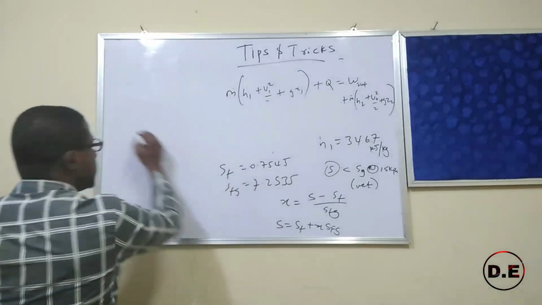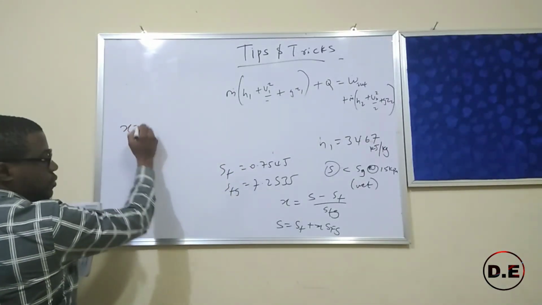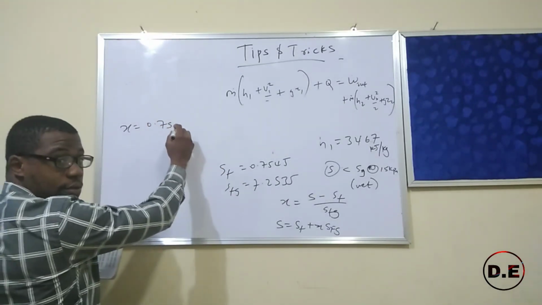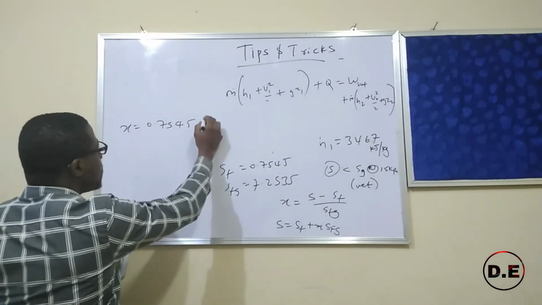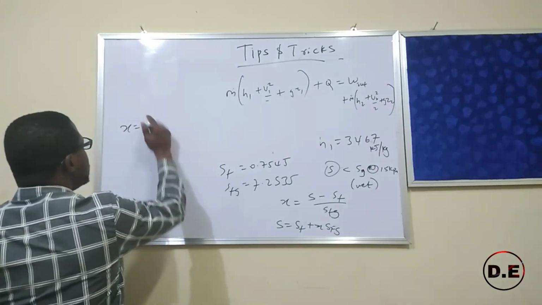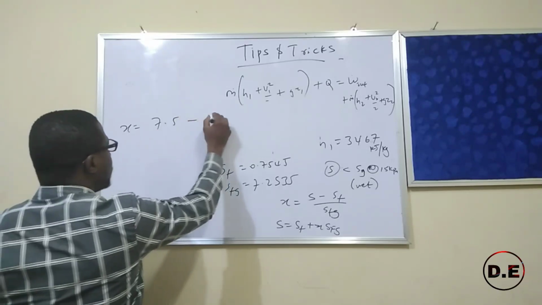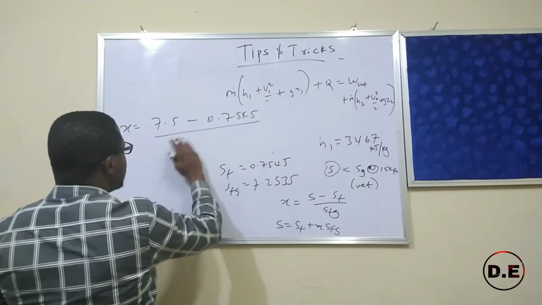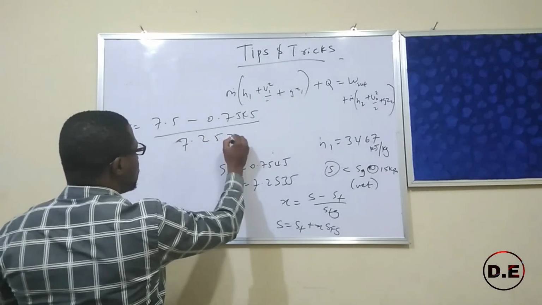We can now write X will be equal to 7.5, which was given in the question, minus 0.7545, divided by 7.2535.